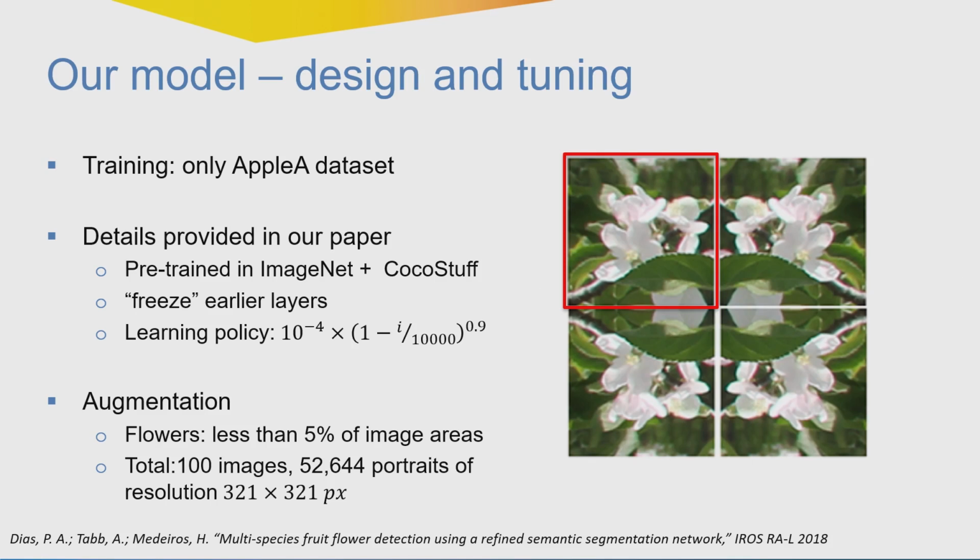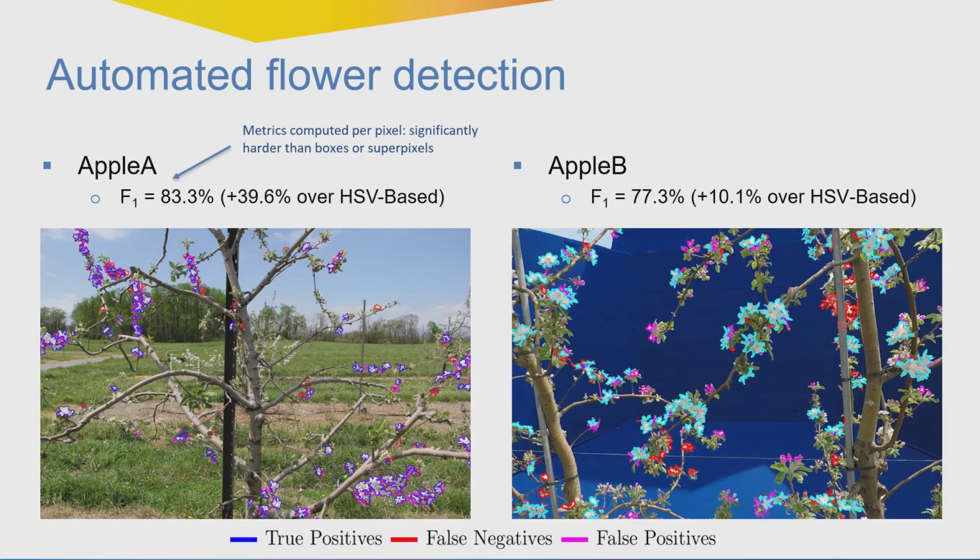So we did augmentation simply by mirroring both vertically and horizontally. That quadruples the amount of positive examples you had originally, and that already allows you to train your network properly.